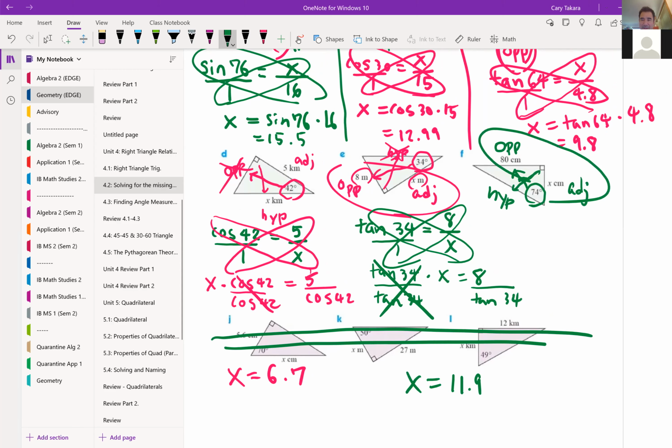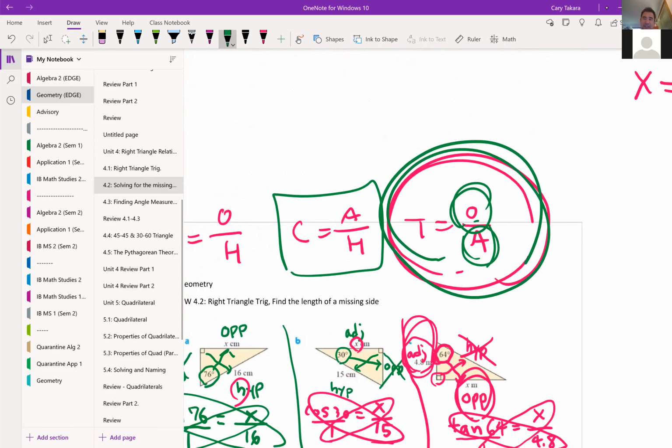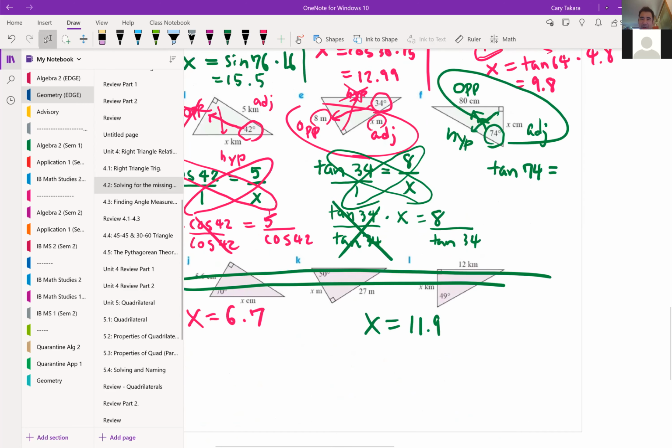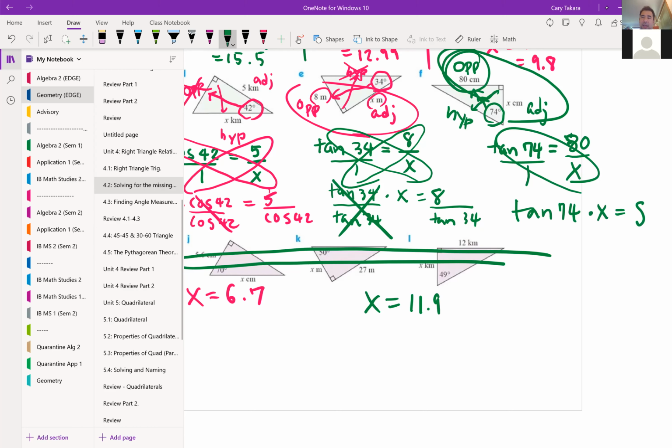Okay, so two times in a row, we're going to use tangent. Tangent of 74 equals, again, tangent is opposite over adjacent, O over A. So O, 80 over X. And then let's cross multiply. Tangent of 74 times X equals 80.